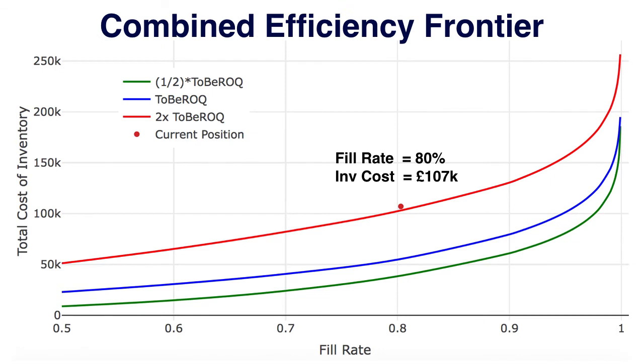Each point on the blue curve corresponds to a certain value of ROP for all the items. We kept on changing those values over a range of ROP and we got a curve. So this is the combined efficiency frontier, combined for all the 12 parts.